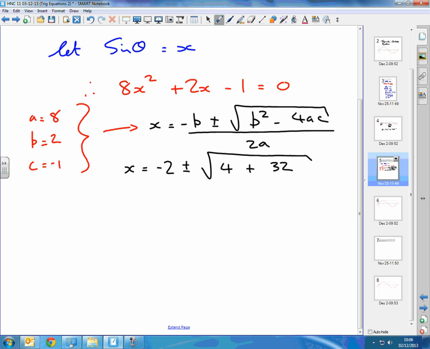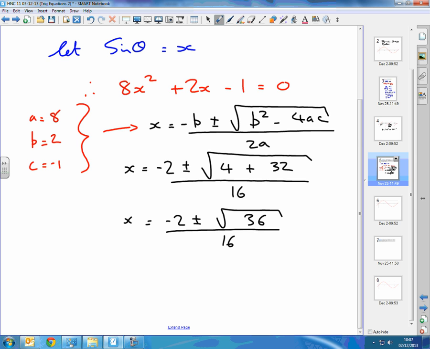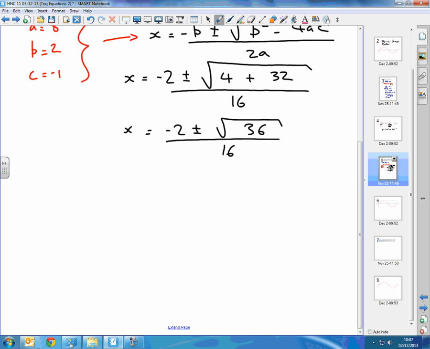So we get 32 all over 2a, 2 times 8 is 16. So x equals minus 2 plus or minus the square root of 36 over 16. Square root of 36 is 6. So x equals minus 2 plus or minus 6 over 16.